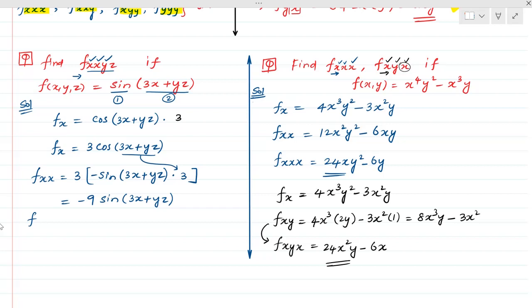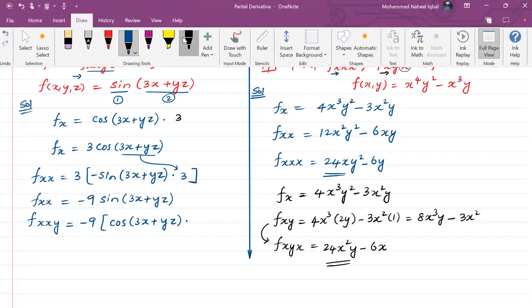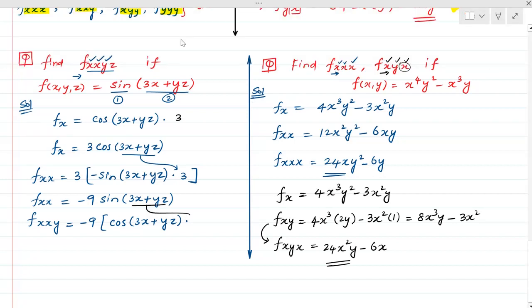The next one: we have to differentiate this with respect to y, so f_xxy. When you differentiate, sine becomes positive cosine. Now the inside: differentiating with respect to y, the 3x term gives 0, and yz becomes z, so you get only z.